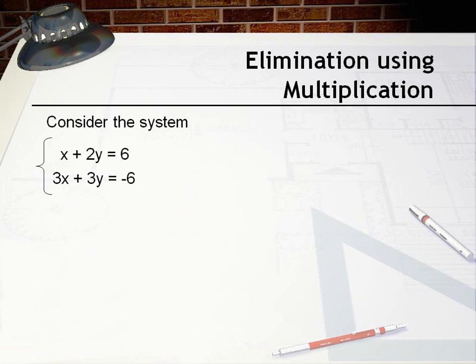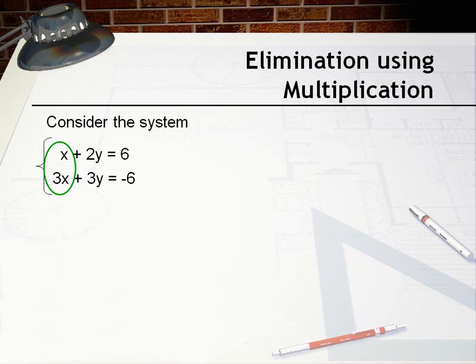Consider the system x plus 2y equals 6 and 3x plus 3y equals -6. Now again, if we wanted to just add these two equations together, it would not work because no variable eliminates. Therefore, we're going to have to manipulate one of these equations or both in order to eliminate one of the variables.